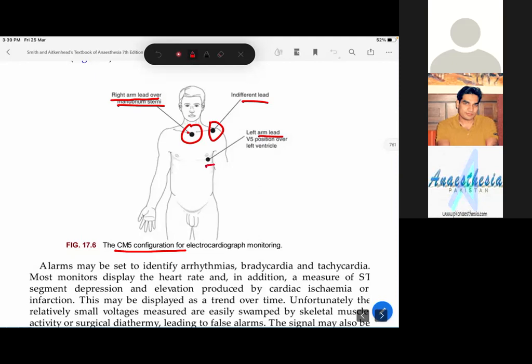This is advised because the heart is equidistant from all these electrodes, and this gives the best interpretation using three leads. If we increase the number of leads to 3 to 5, then the interpretation becomes more reliable.